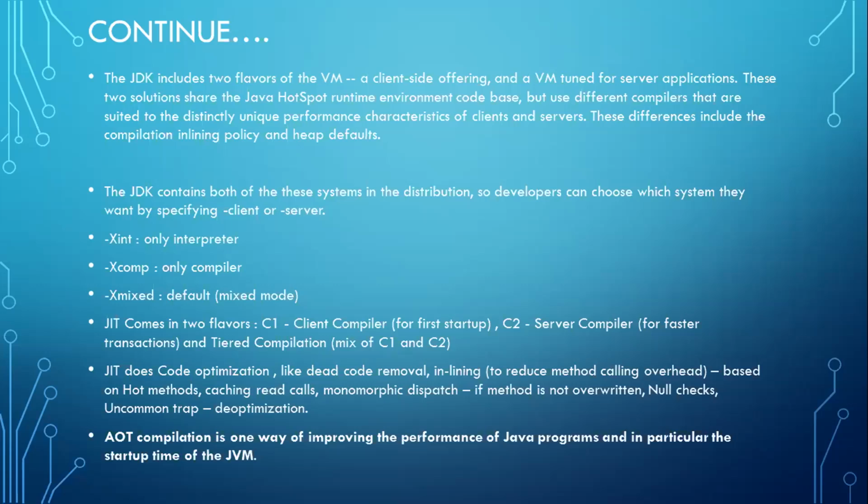During startup, it will use C1 compilation. Once the JVM has settled down and run for quite some time, the C2 compilation kicks in and helps you optimize the execution of your Java program efficiently. Anyway, we'll go through all the nitty-gritty details of C1, C2 compilation, as well as tiered compilation, in our course.